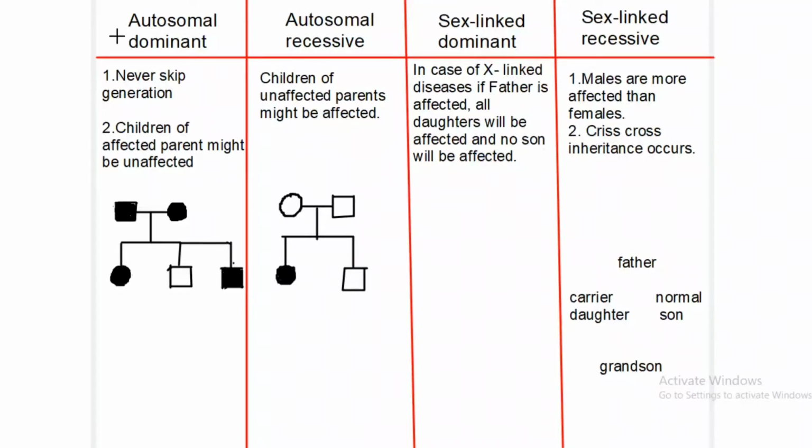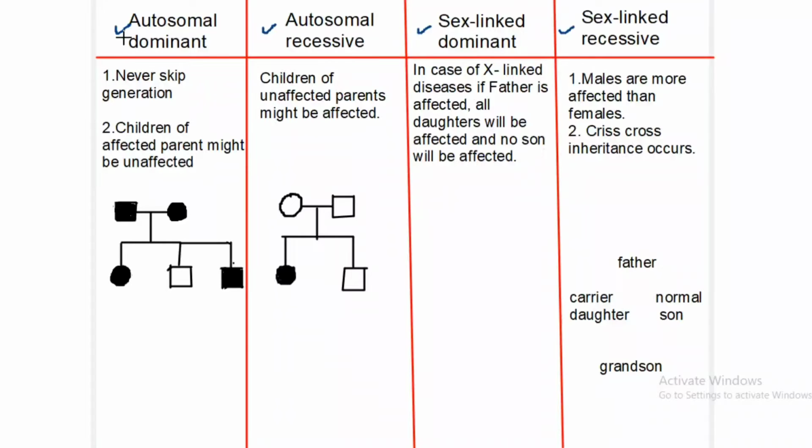Next, coming to some of the rules that we can follow while solving the pedigree. We have seen that the disorder can be autosomal dominant or autosomal recessive. Then it can be sex-linked dominant or sex-linked recessive. Again, in sex-linked we have X-linked and Y-linked.